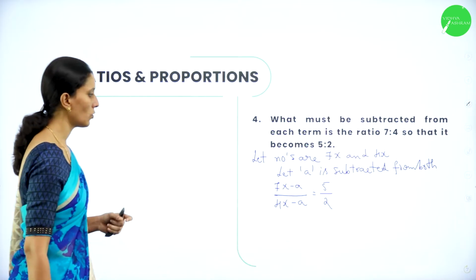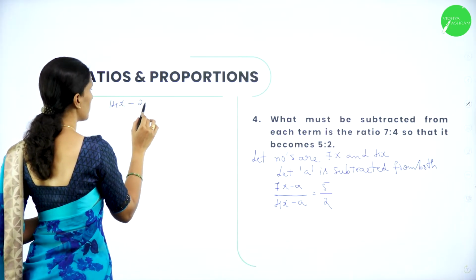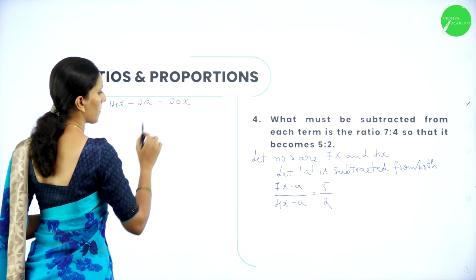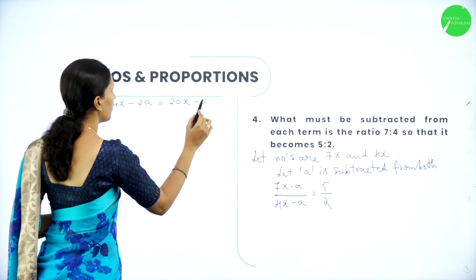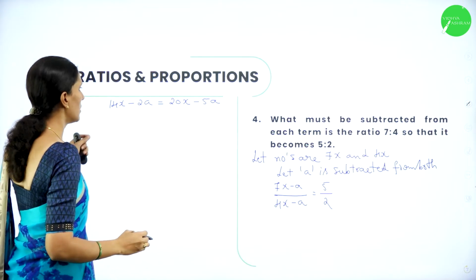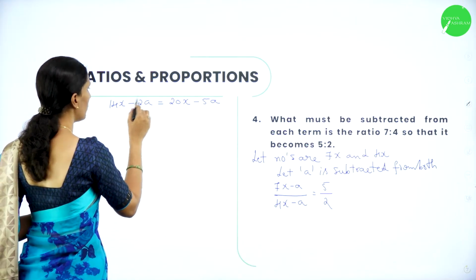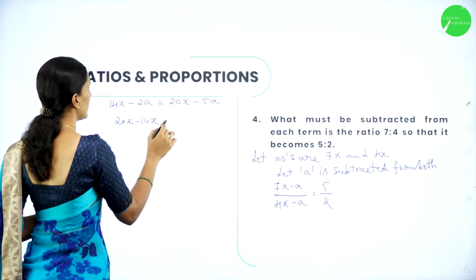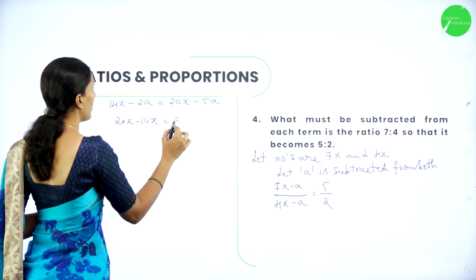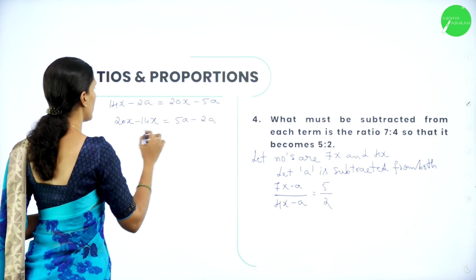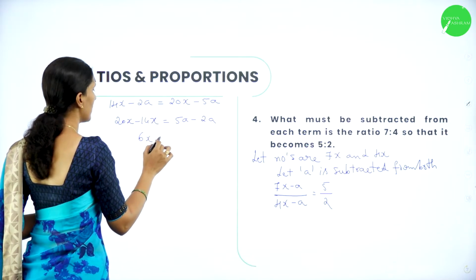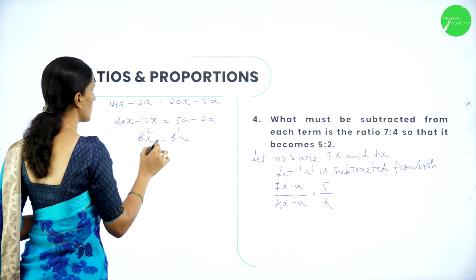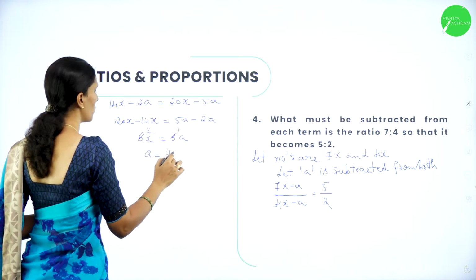That is 5:2. 14x minus 2A is equal to 20x minus 5A. So now subtract this. You will get 20x minus 14x is equal to 5A minus 2A. So this is 6x is equal to 3A, or 3 ones are 3, 3 twos are 6. A is equal to 2x.